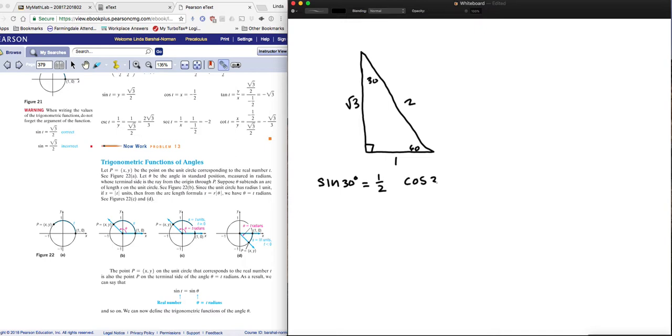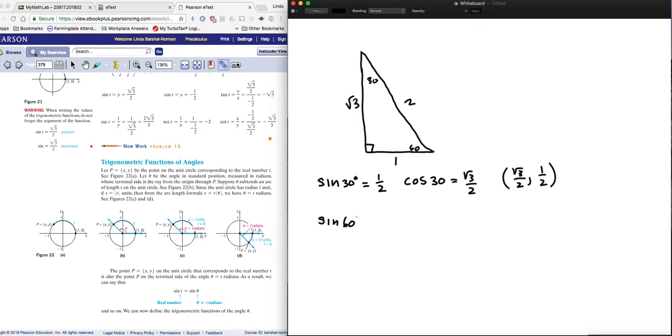Cosine of 30 degrees is adjacent over hypotenuse, so that is rad 3 over 2. So as a point on the unit circle, that would be square root of 3 over 2, comma, 1/2. Again, cosine, comma, sine.